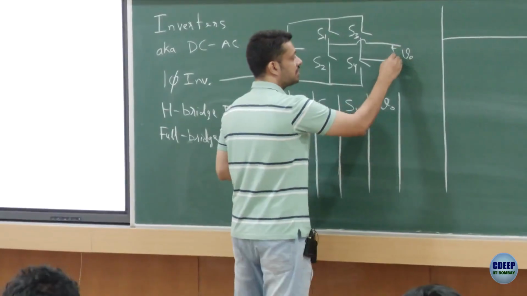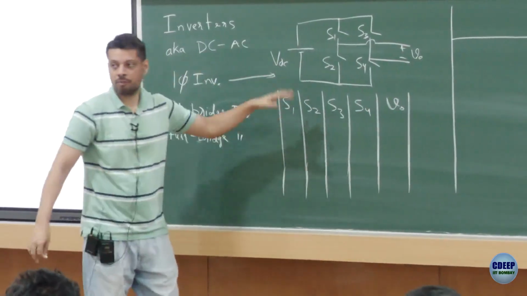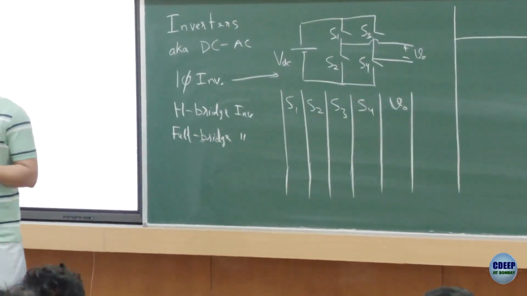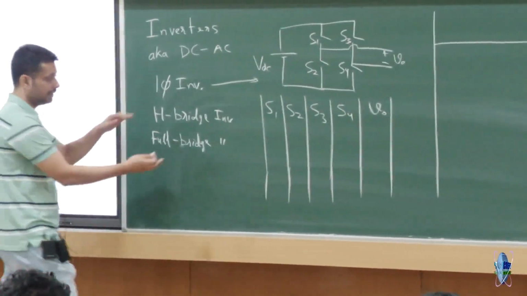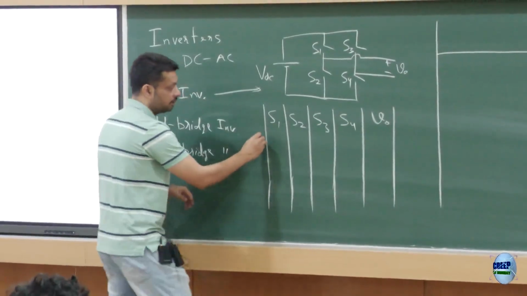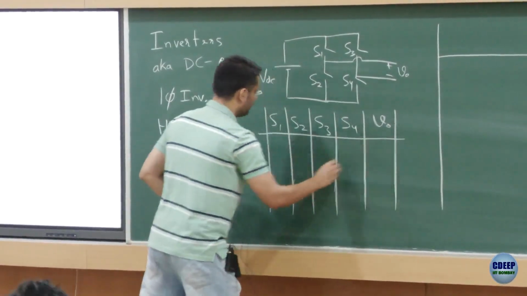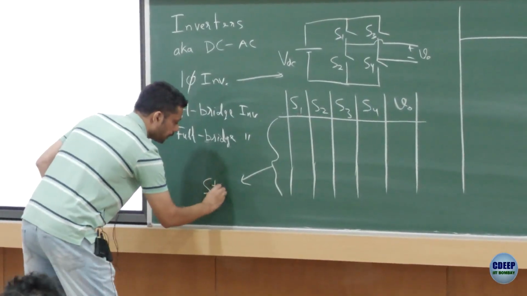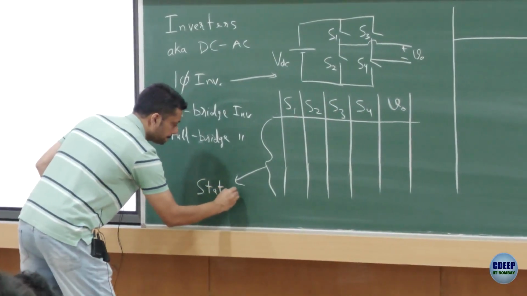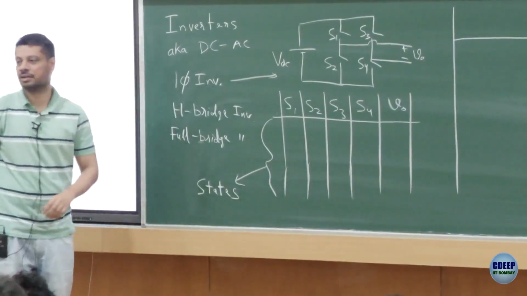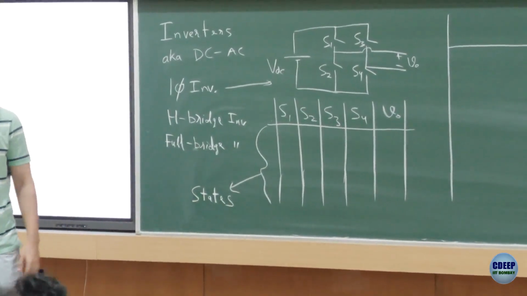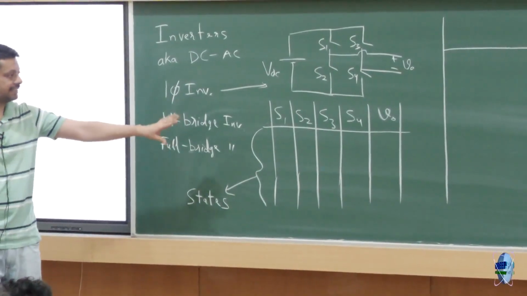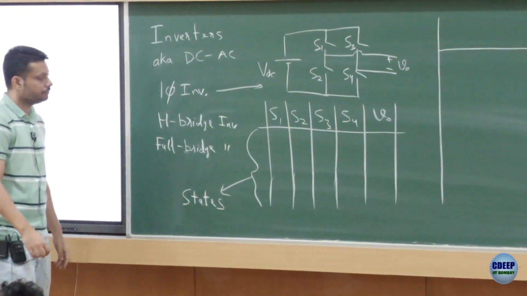So we will just define all these possible combinations of switches. We also call these things states. States is a generic word, you would have used it in other courses also in different contexts, but here we call these things the state of the inverter.